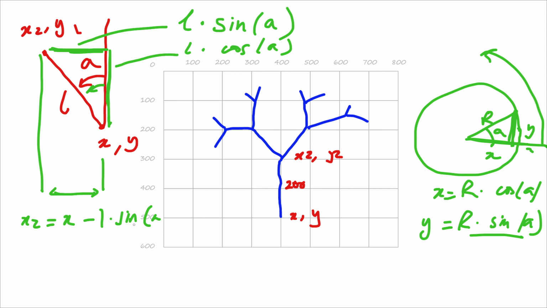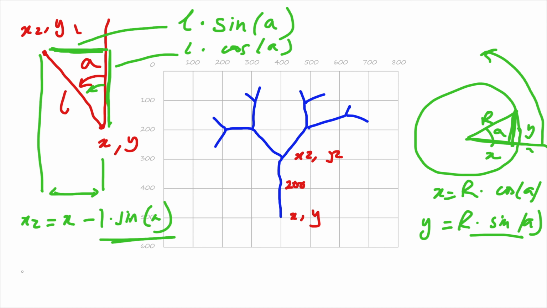Does that sound complicated? Hopefully this visual approach has shown you why we're doing that. We're saying this x2 is x minus a distance, and that distance is this green one at the top, which is this one here.